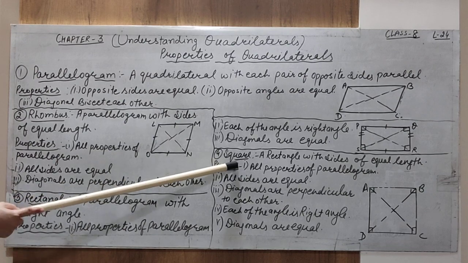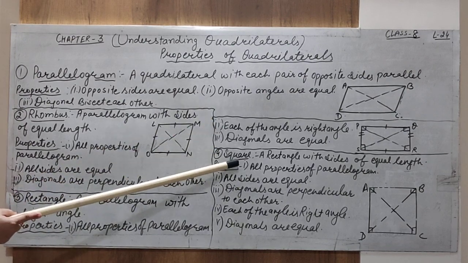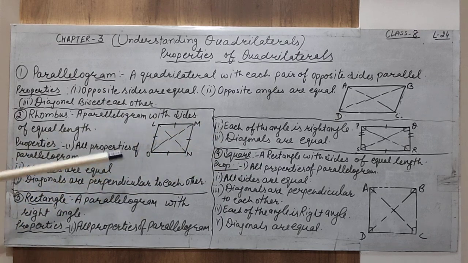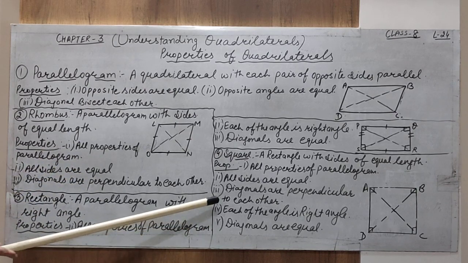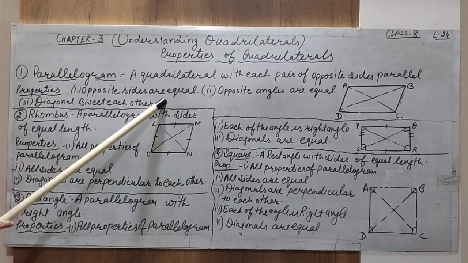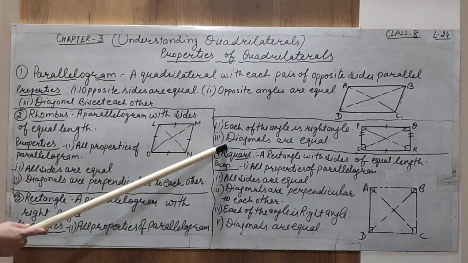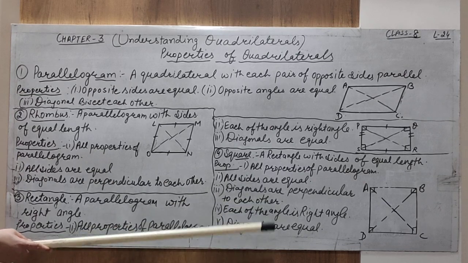because in a square all the properties of the parallelogram are included. In a square, all the properties of the rhombus are included, and all the properties of the rectangle are also included. So the diagonals of the square bisect each other, are equal to each other, and are perpendicular to each other.